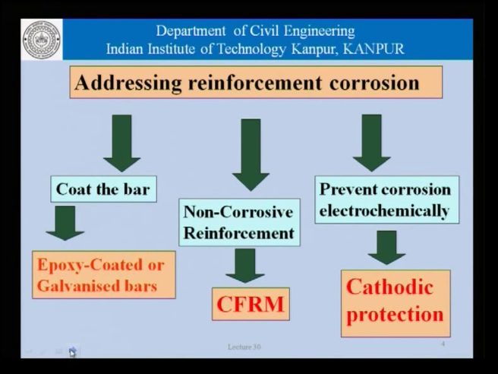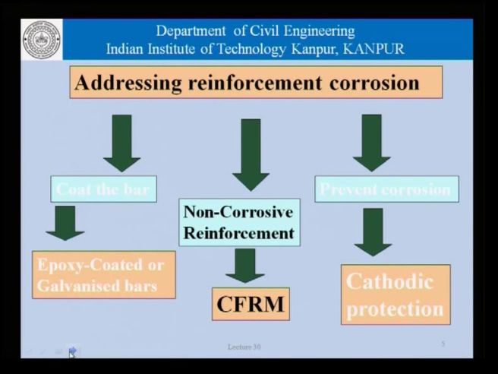As far as coating the bar is concerned, epoxy coated bars or galvanized bars was the option. As far as non-corrosive reinforcement is concerned, using continuous fiber reinforced material, or CFRM, which has basically long fibers embedded in a matrix, that is the option. And as far as electrochemical prevention is concerned, we could use cathodic protection.